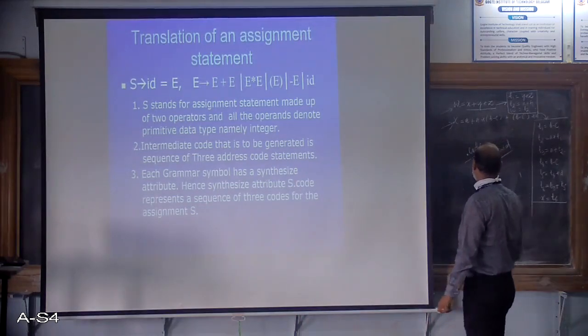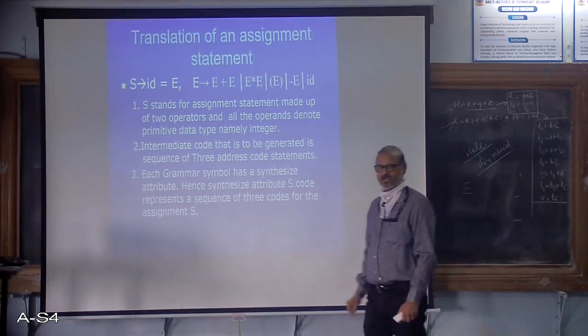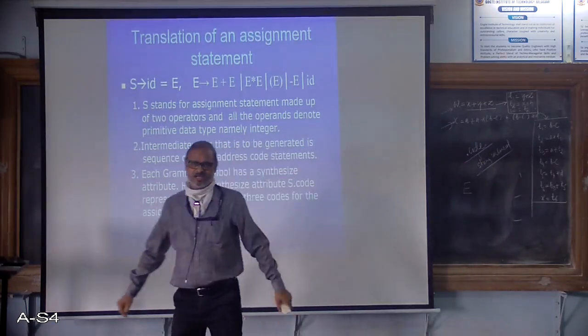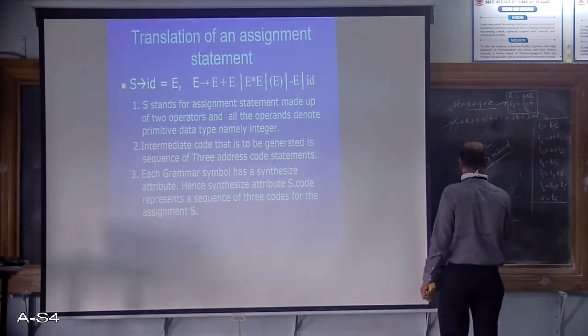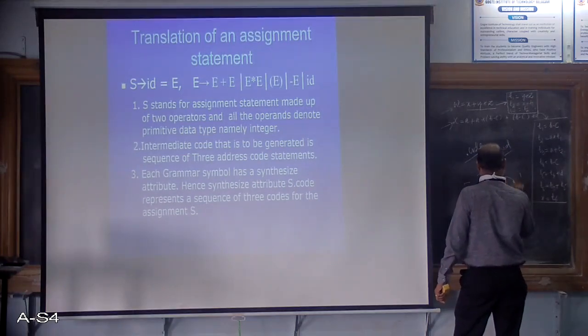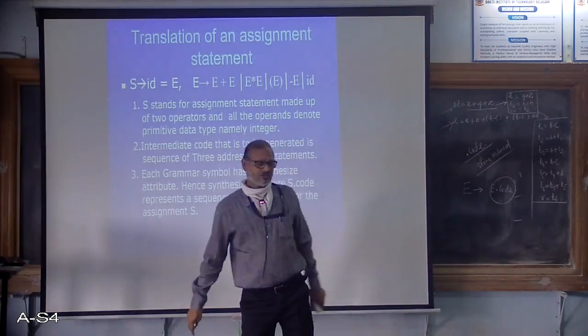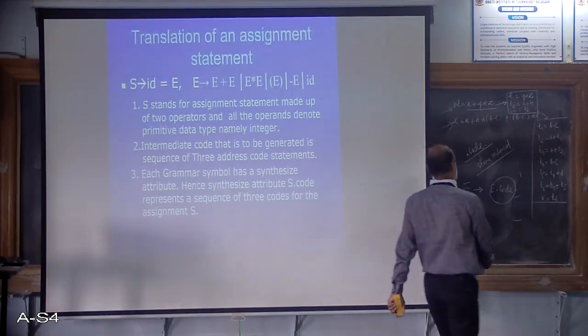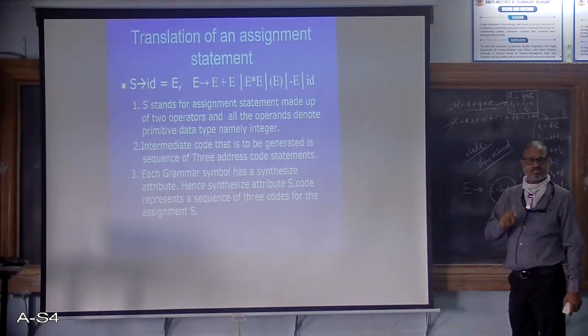Suppose you take a grammar symbol E. E will have 2 types of attributes. One is E dot code. E dot code is going to hold the sequence of 3 address codes, since we are going to generate the intermediate code for the assignment statement.